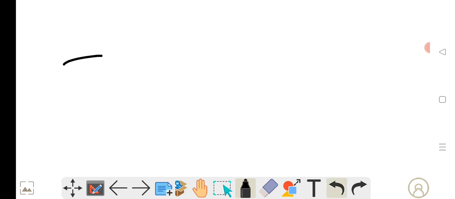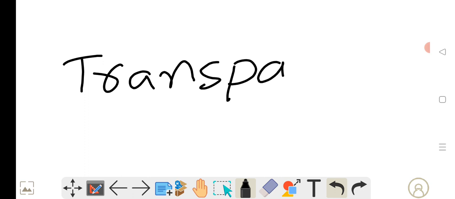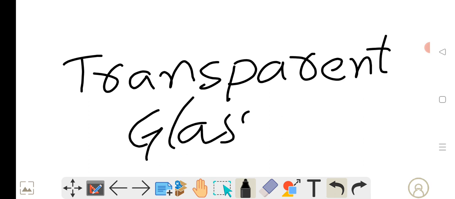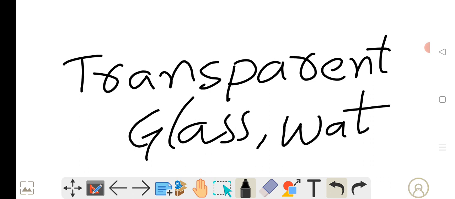Transparent objects are the objects which allow light completely, and they allow us to see what is on the other side. Example, glass and water, pure water, and air is also transparent, isn't it?